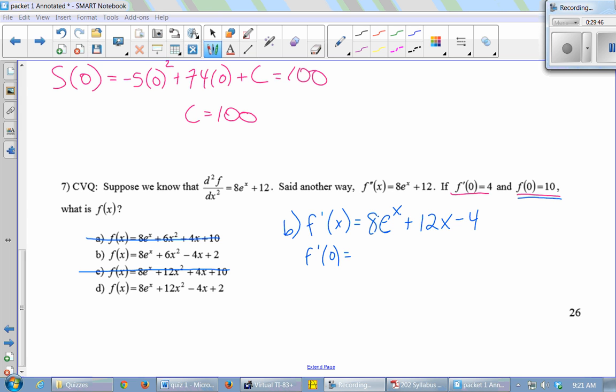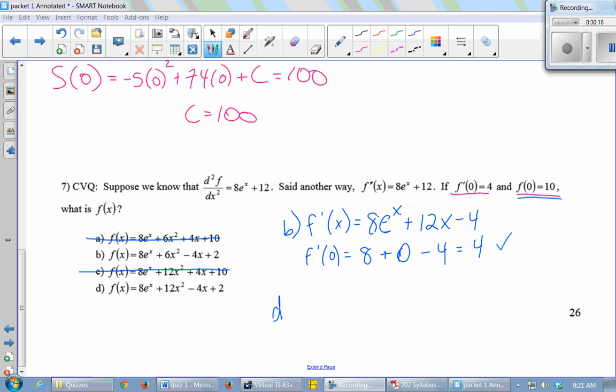So 8e to the 0 is 8, plus 12 times 0 is 0, minus 4 is 4. So f prime of 0 is 4, so this is still in the running, right?